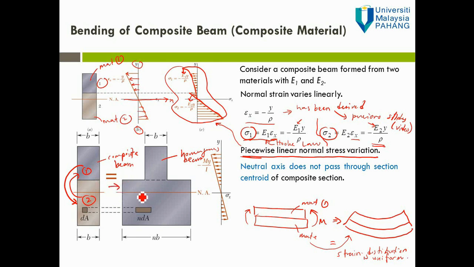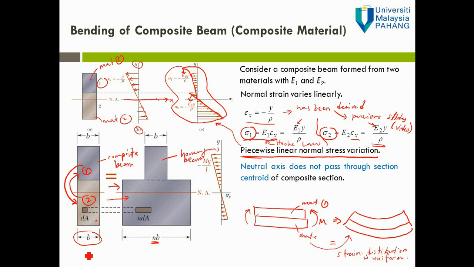We have to multiply the width B of material 2 by n, where n is the transformation factor. After the transformation, the width of material 2 will be different.